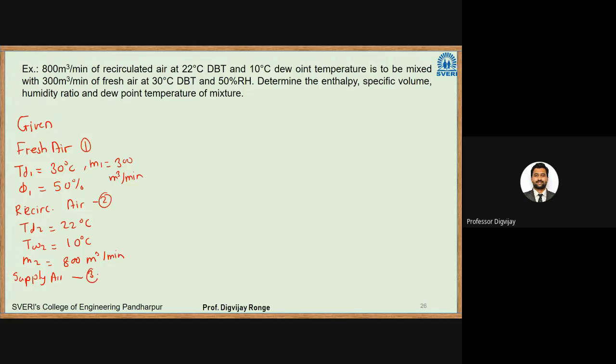So in that case, we have to find out its enthalpy, that is H3, specific volume, that is V3, humidity ratio, that is W3, and we have to find out its dew point temperature. Okay, so dew point temperature 3. Okay, so I'll show this process on a psychrometric diagram here.